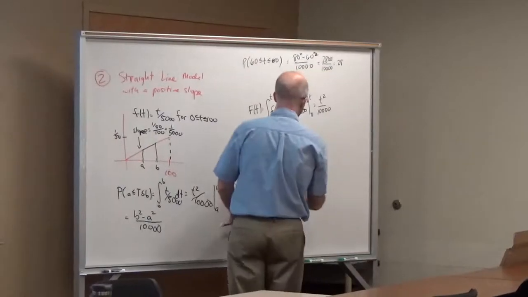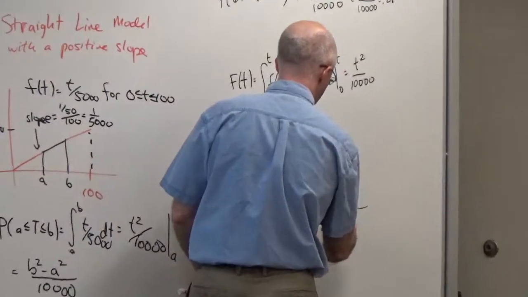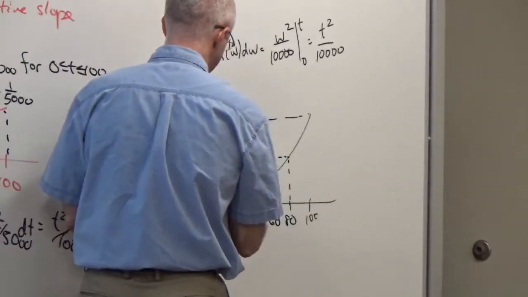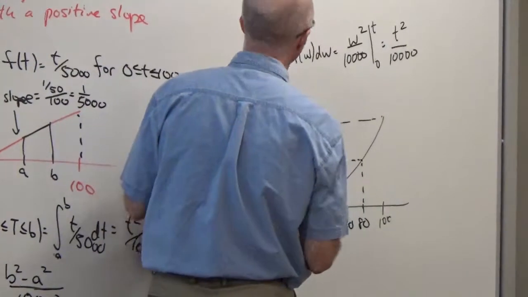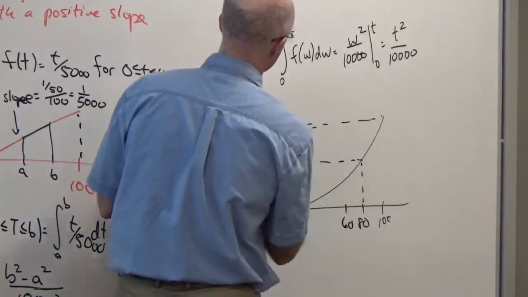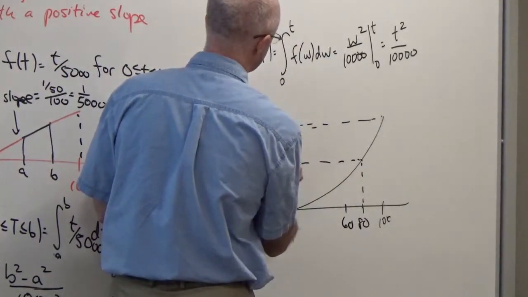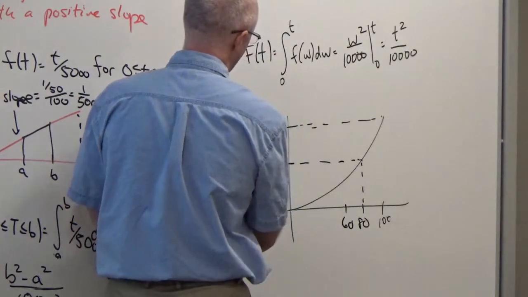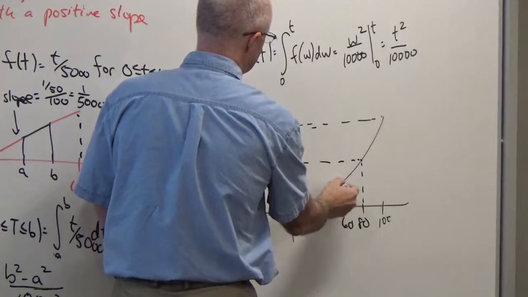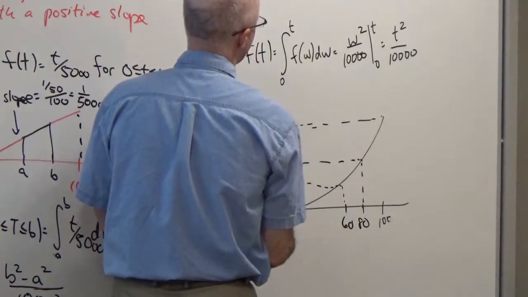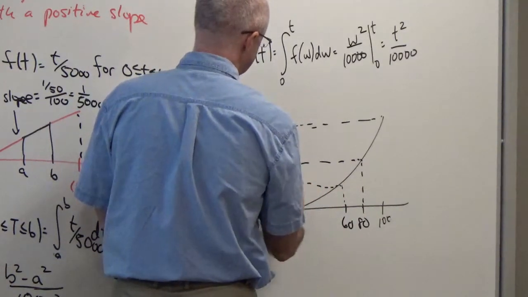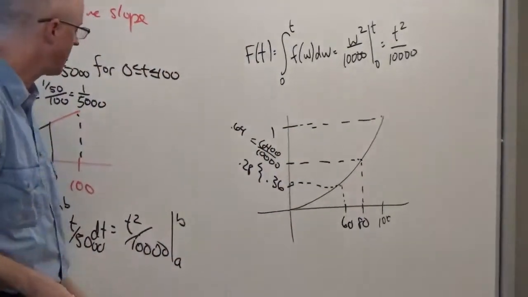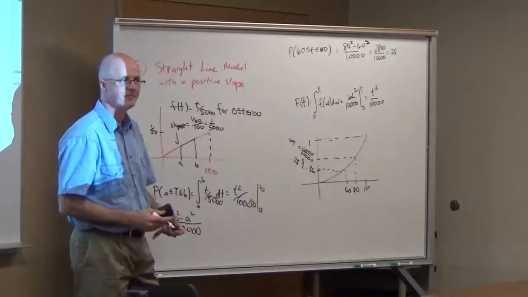On this graph, it's a difference of values. With 80 right here, 60 right here. That's 6,400 over 10,000, which is 0.64. This value is 3,600 over 10,000, 0.36. The difference is 0.28. The difference in height there is the probability that you want.